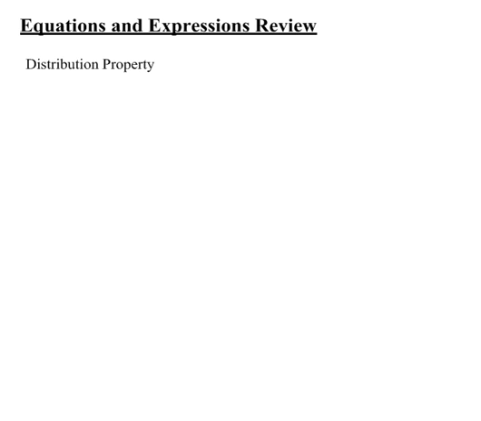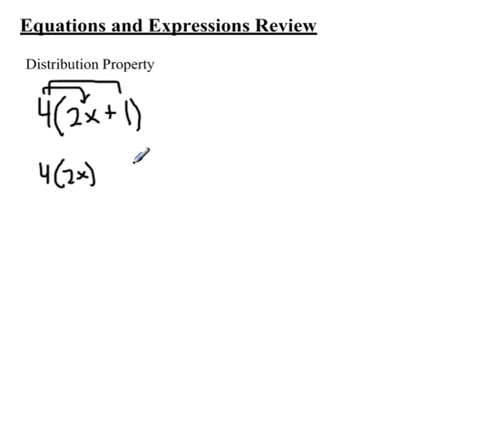Okay? Now moving on to the next thing, distributing. The distribution property states that when you have a number multiplied by a sum or difference in grouping symbols, such as these parentheses, what you're doing is two multiplication steps. The first one is 4 times 2x, and the second problem is 4 times 1.